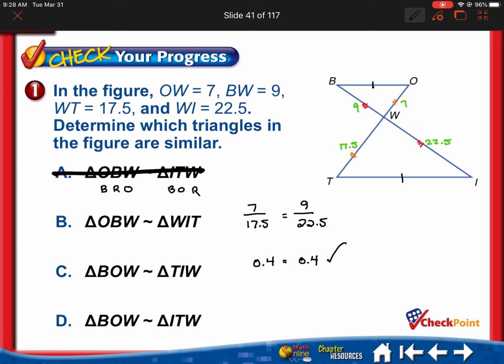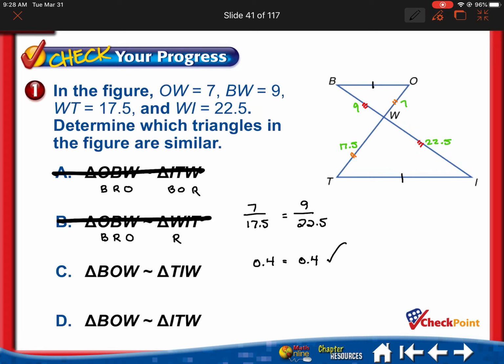So that one doesn't work. And now if they did O to B to W, so black, red, orange, and then W-I-T, well, W to I already starts off with the red side, so I don't even need to figure out the other one. That one's not right. We have it narrowed down.